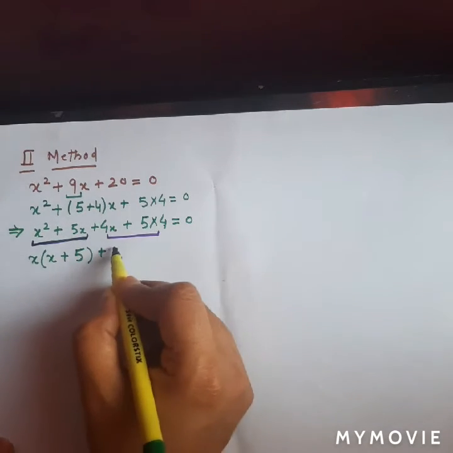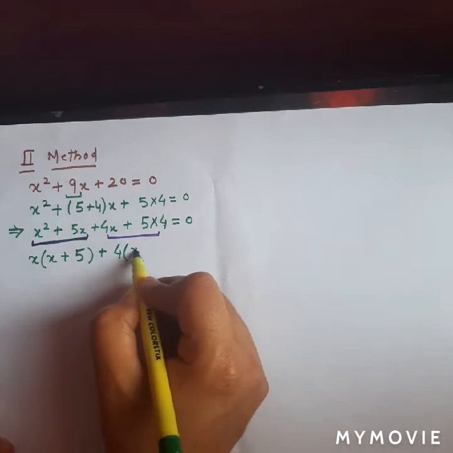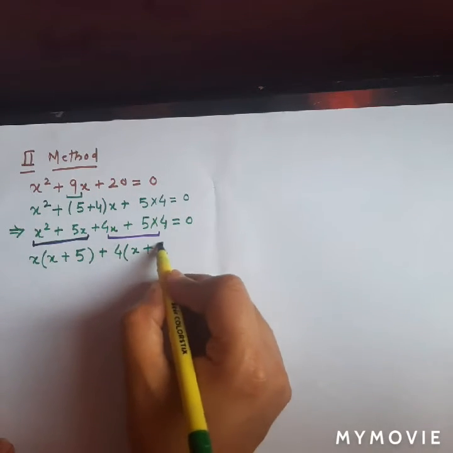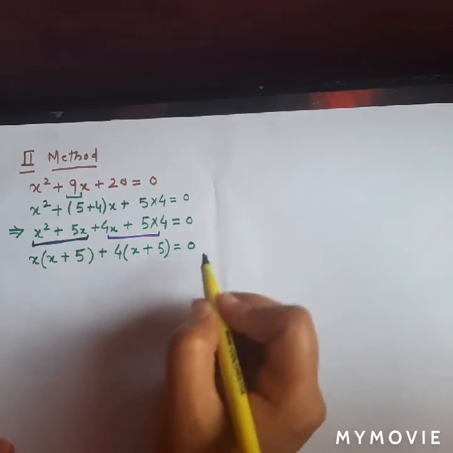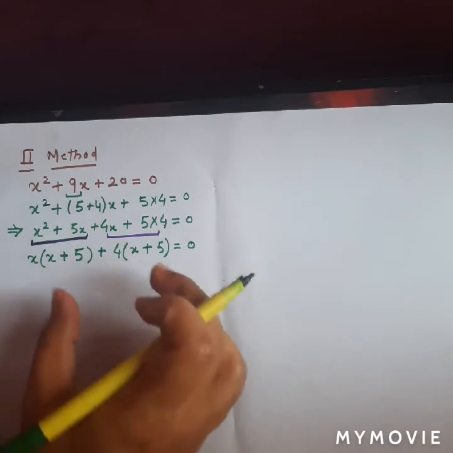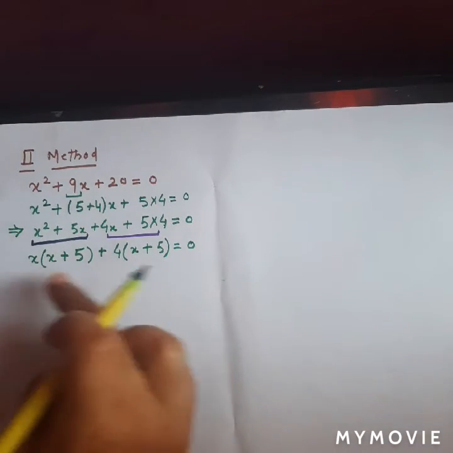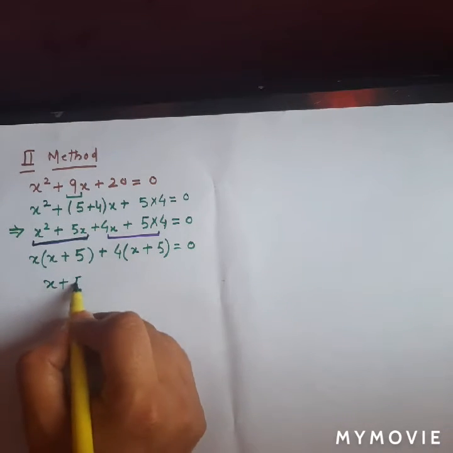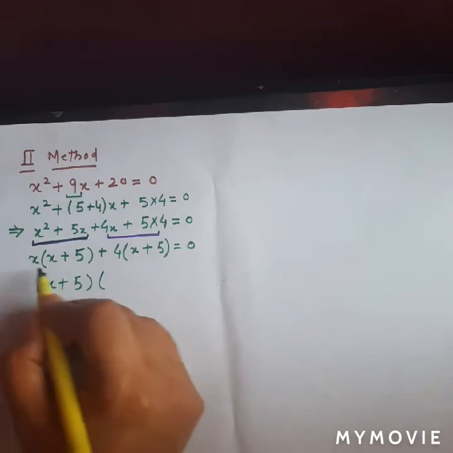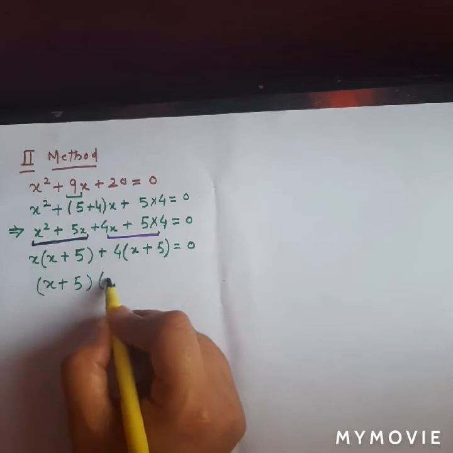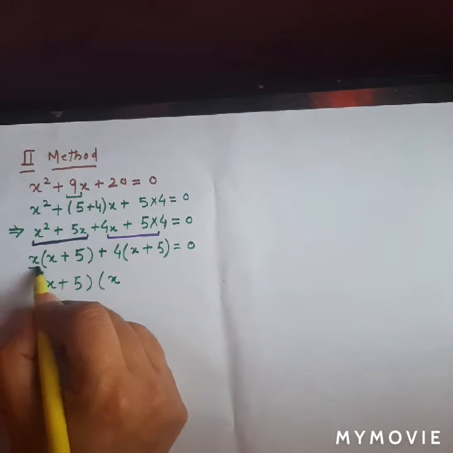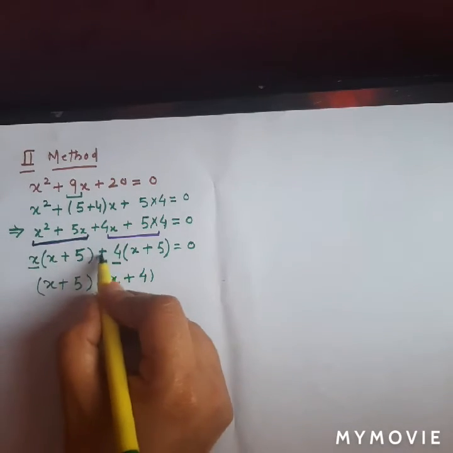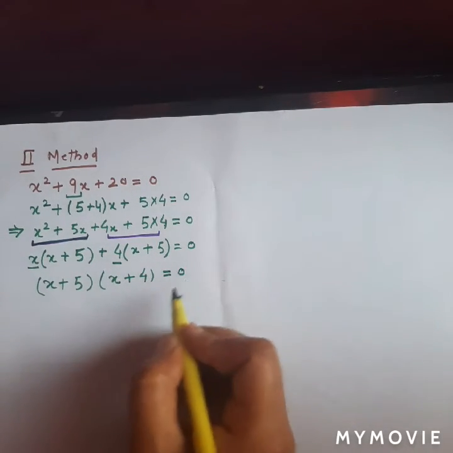Here 4 is common, 4 is out, x remains and 5 remains, is equal to 0. Now x plus 5 is present here as well as here, so take x plus 5 as common. x plus 5 is out, and we are left with only x and 4, so x plus 4 equal to 0.